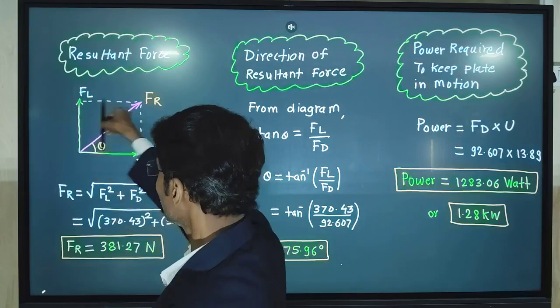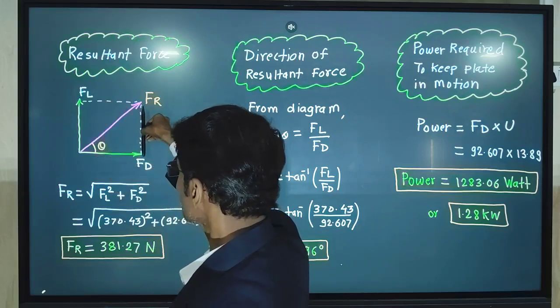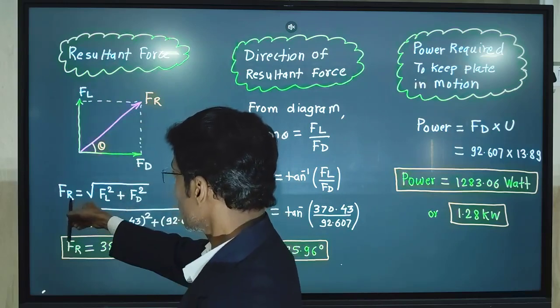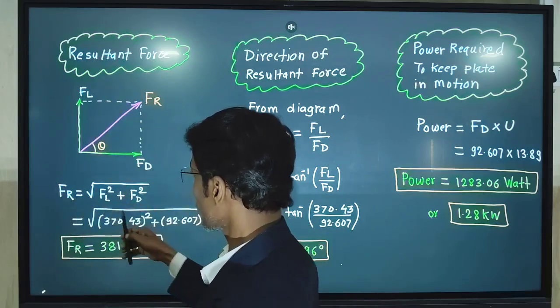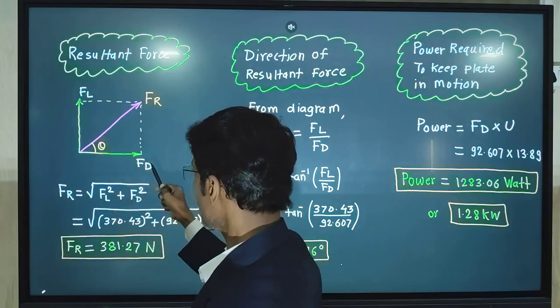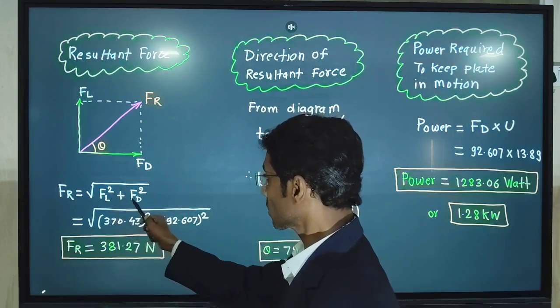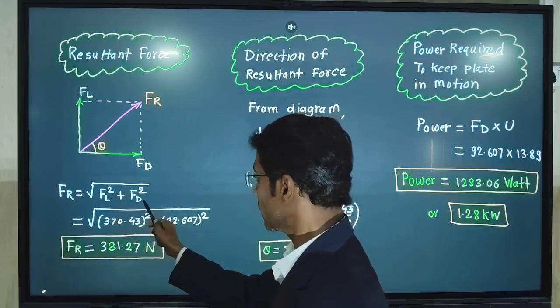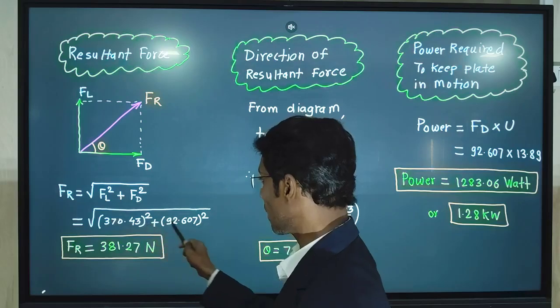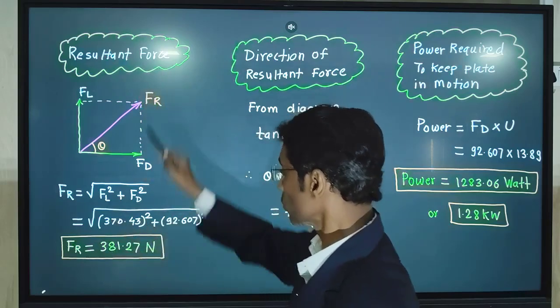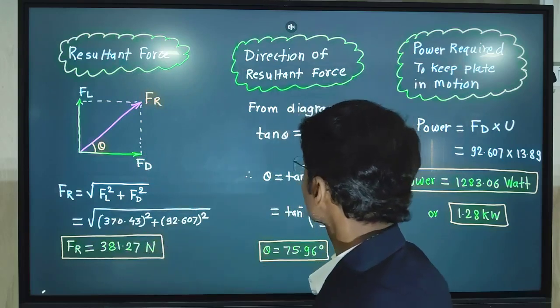So the formula to calculate FR will be equal to the square root of FL square plus FD square. As we have got the values for FL and FD, we put these values here. After the calculation we get the resultant force in Newton.